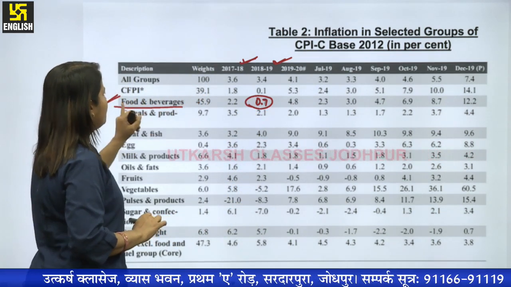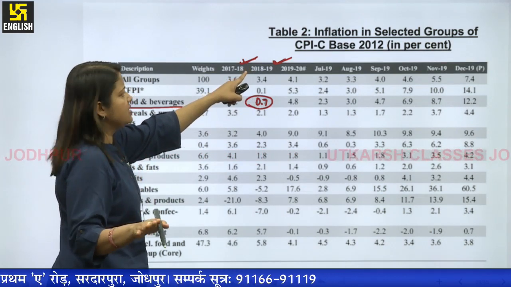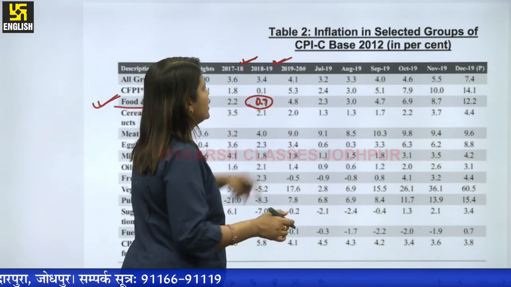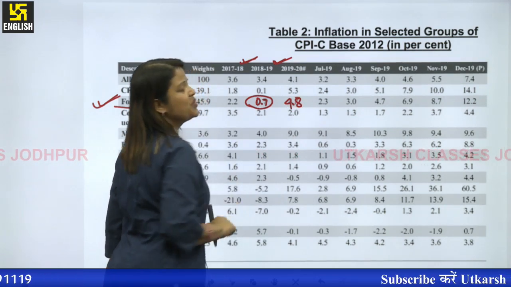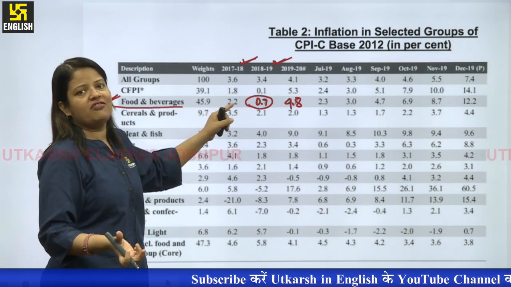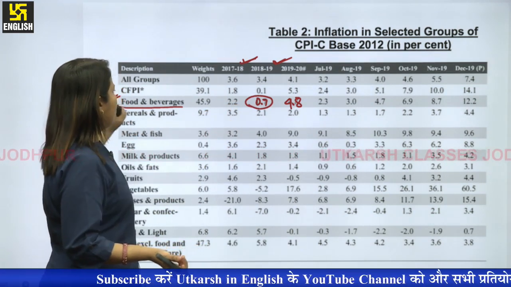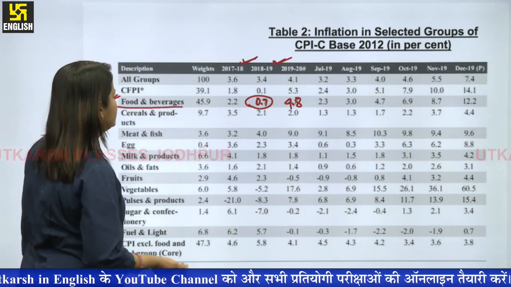The CPI of food and beverages was only 0.7% in 2018-19. But after that, in 2019-20, it increased to 4.8%. There was a sharp increase in food inflation. The CPI of food and beverages increased from 0.7 to 4.8%.